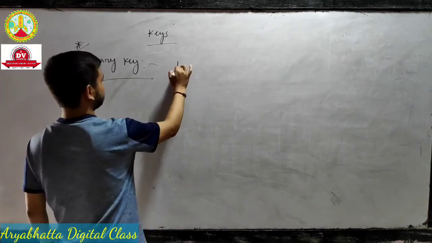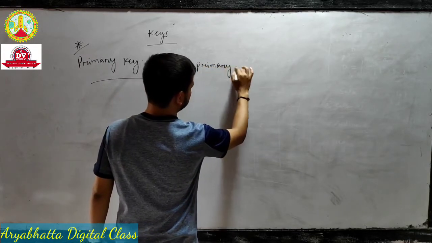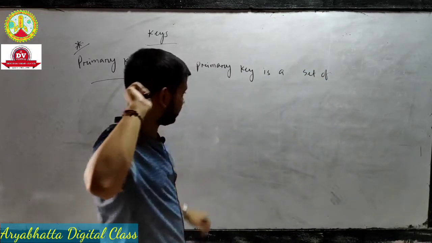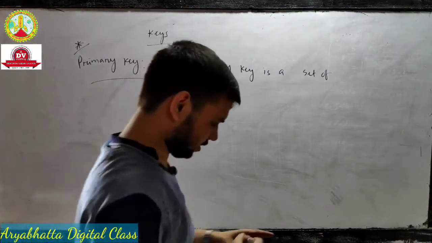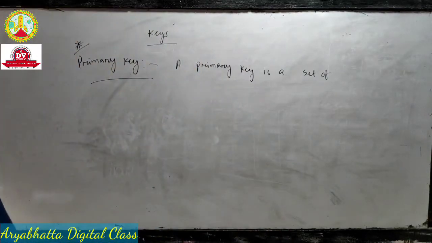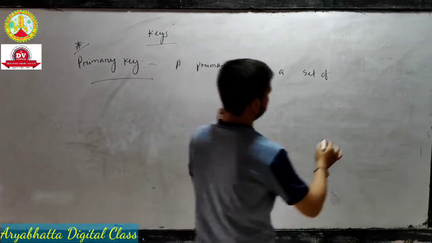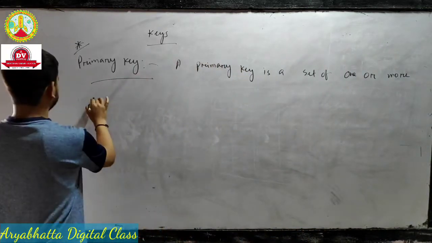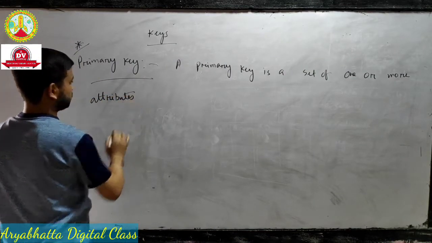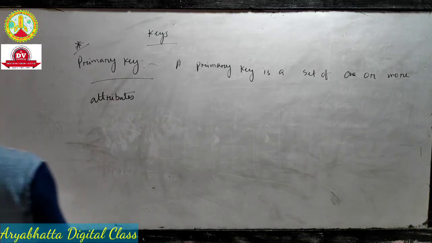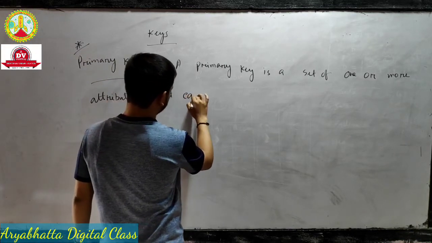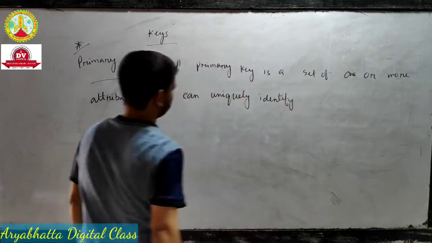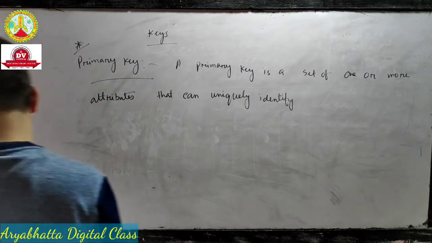A primary key is a set of one or more attributes that can uniquely identify tuples within the relation.